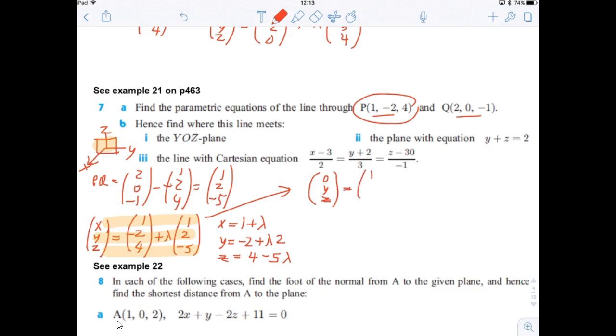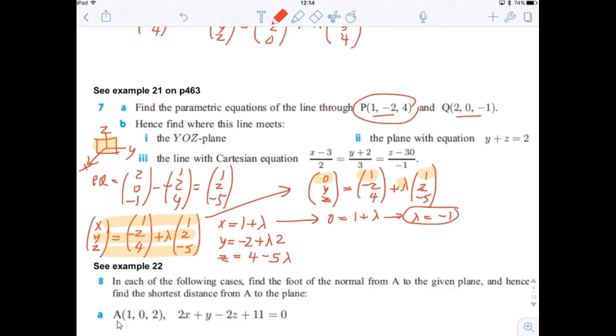Let's solve for that and see. We have 1, 2, -5. If you know that the first coordinate is 0, then you can solve the top layer parametric equation: 0 equals 1 plus lambda. That's what you would get if x equals 0, and you can immediately see that lambda equals -1, right?